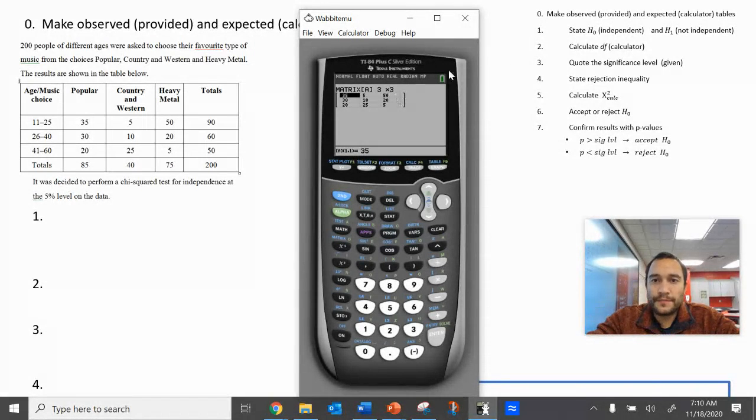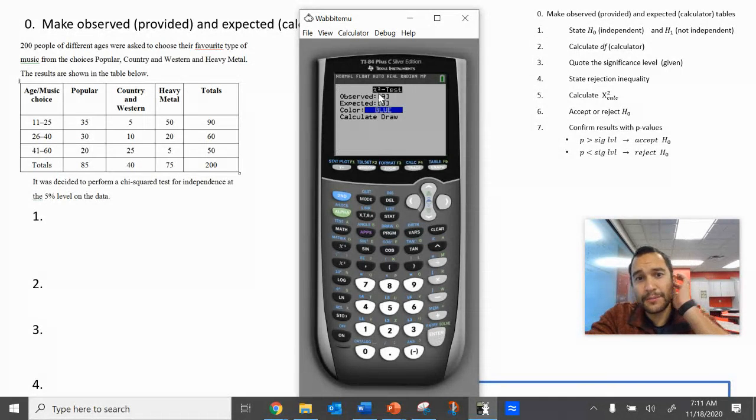So step 0 is make observed and expected tables. To do that, we need our calculator. After we type them in, we hit stat, go over to tests, and go all the way down to chi-squared test. Make sure the observed table is the table you put your observed values in. We did, so we just hit enter.